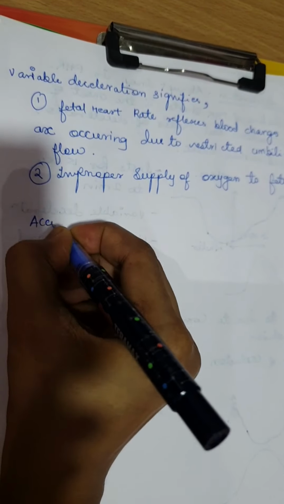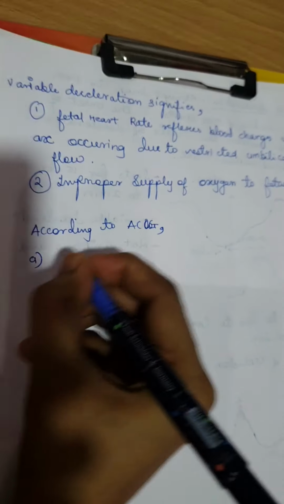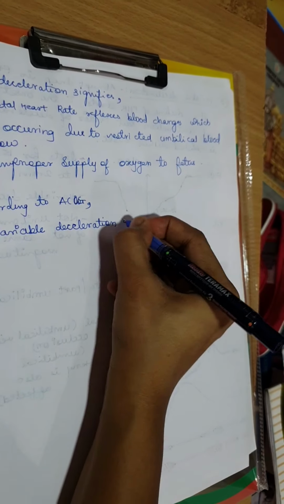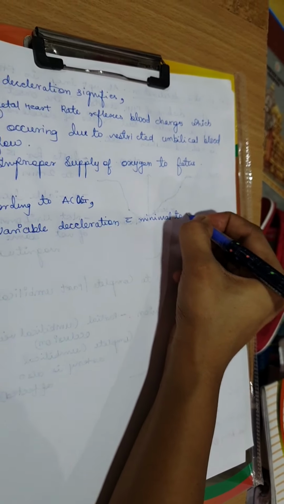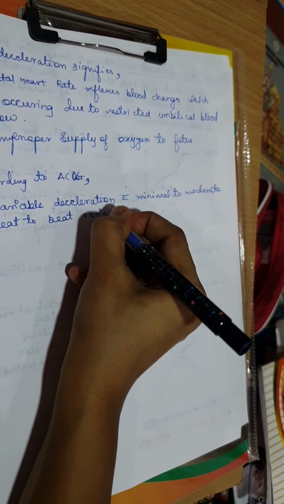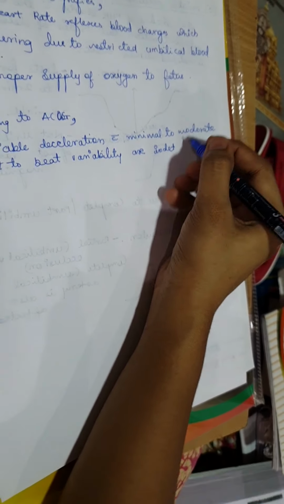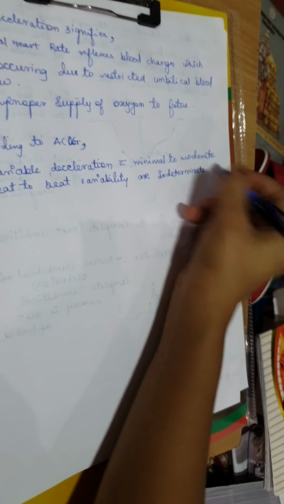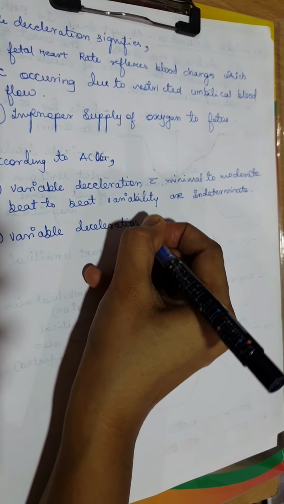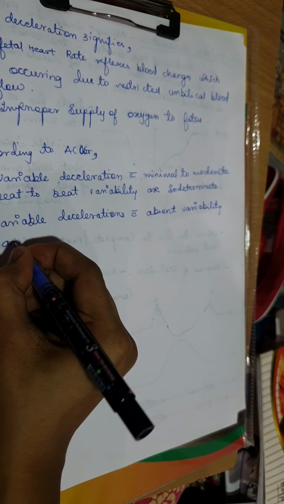So according to ACOG, variable decelerations with minimal to moderate beat to beat variability are indeterminate, whereas variable decelerations with absent variability are abnormal.